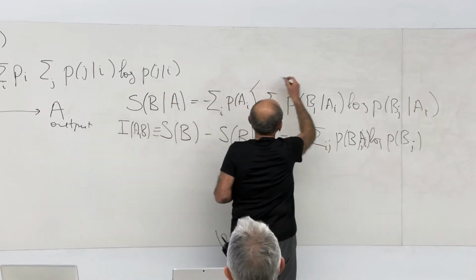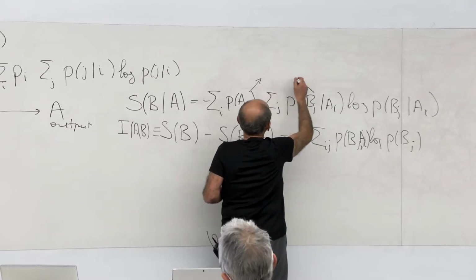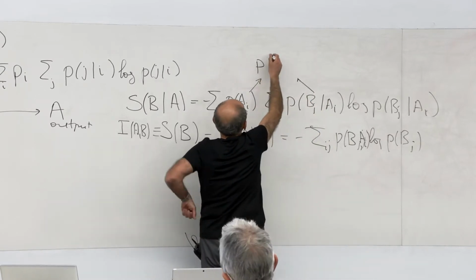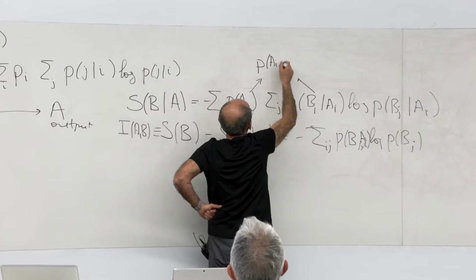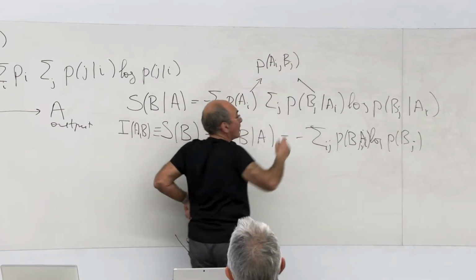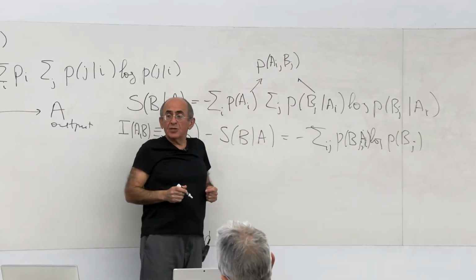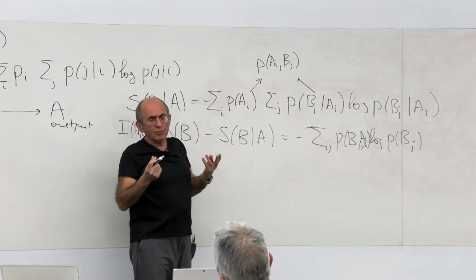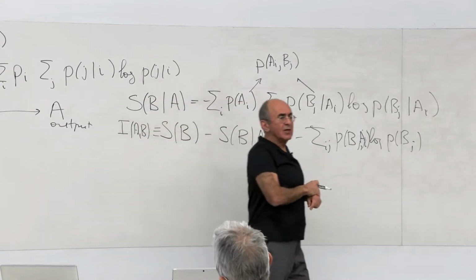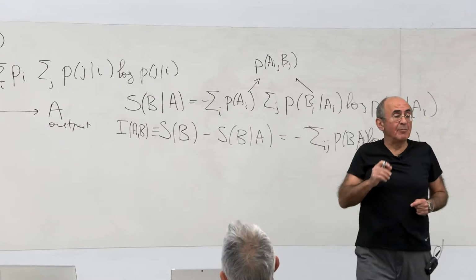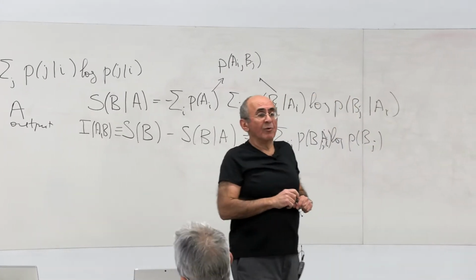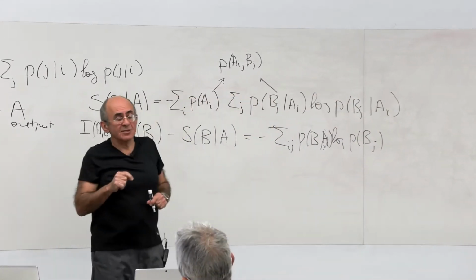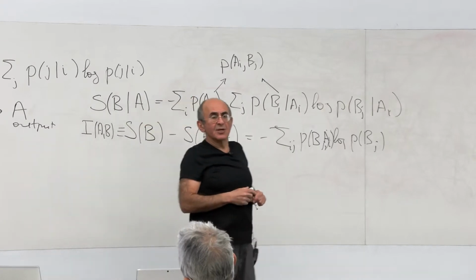Also, what is standing here is nothing but a joint probability of a pair A_i B_j. Generally, it's called the chain rule.